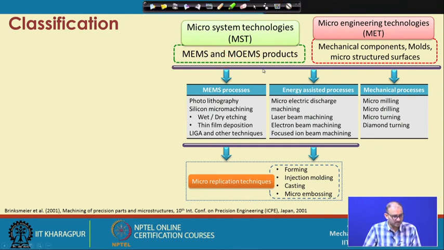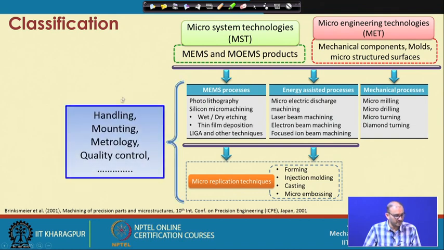Now, other than that, we need something extra. This classification gives one another extra part which is more important in this case, because handling is very problematic in the micro component, because once you create a micro component, it is difficult to move from one location to another location. So, that is the reason handling is important. Now, how do we do handling?